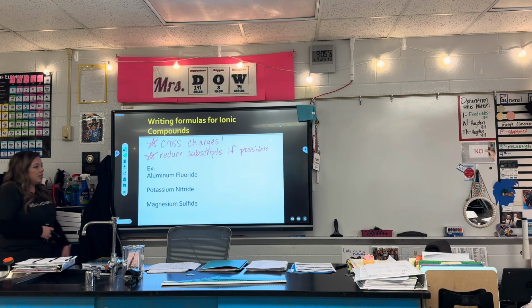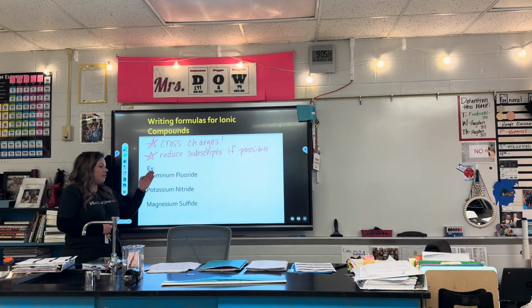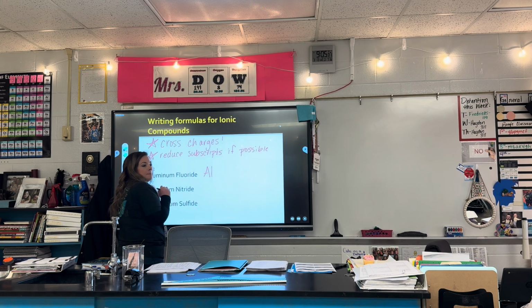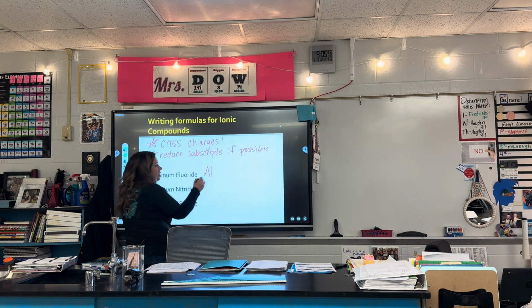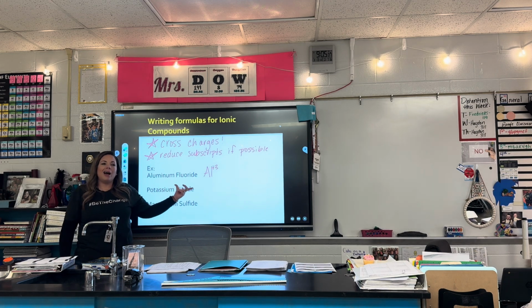So my first one here, I only have two things. I need to look up their charges and cross them. I have aluminum fluoride. What's my first element? Aluminum. And what is aluminum's charge? +3. What element would fluoride be? Fluorine.